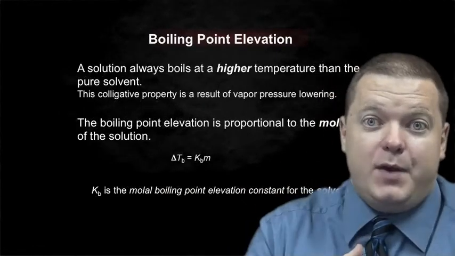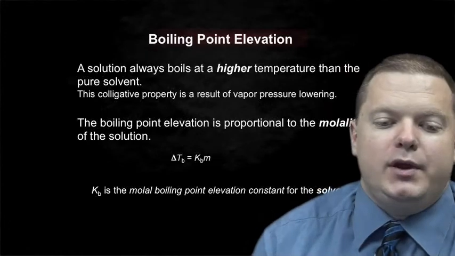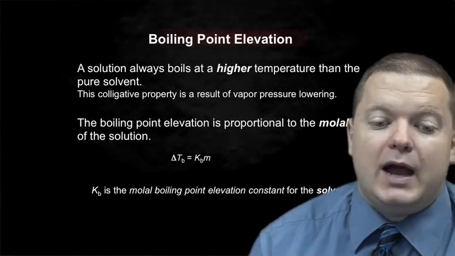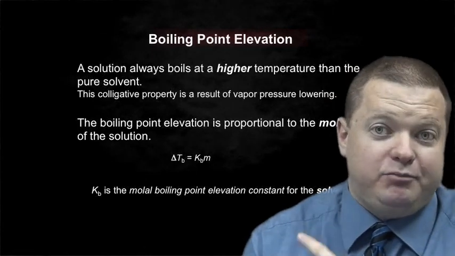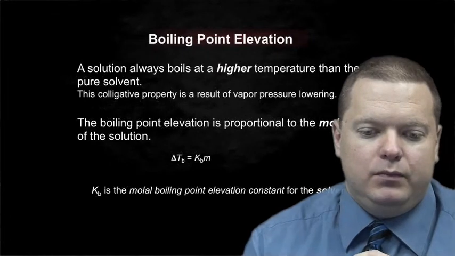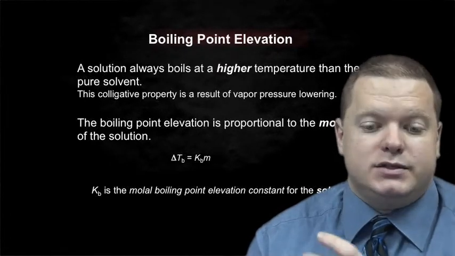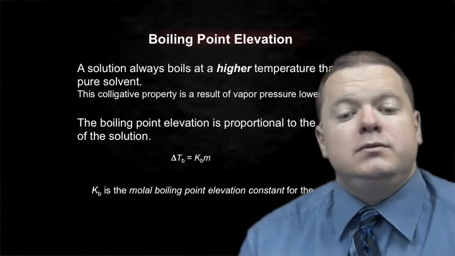So if we're lowering the vapor pressure, it's going to take longer for us to get to that energy. This boiling point elevation is proportional to the molality of the solution. So the change in boiling point is going to equal some K value, a proportionality constant based on the solvent, times the molality of that solution.